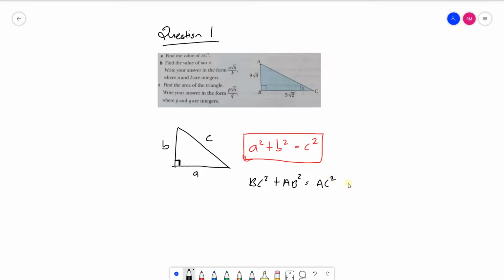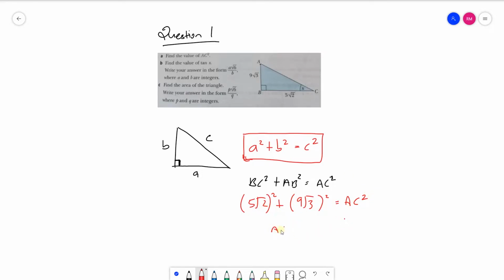So if we manage to find AC square, we can solve the equation. So BC is 5 surd 2 square, plus AB, I forgot the square, plus AB, which is 9 surd 3 square, is equals to AC square. Maybe I just want to swap the position, AC go to left and the rest go to right.